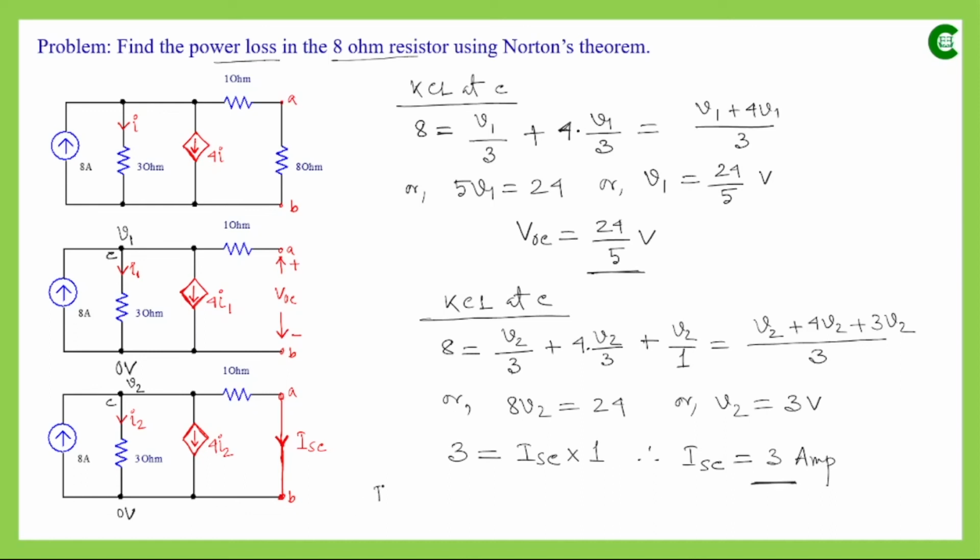So easily we can find out the Norton's equivalent resistance, which will be equal to VOC divided by ISC, and that will be 24 by 5, and here the value of ISC is 3, so 24 by 15, so it will be 8 by 5 ohm. So this is our Rn, 8 by 5 ohm, and value of In is 3 ampere.